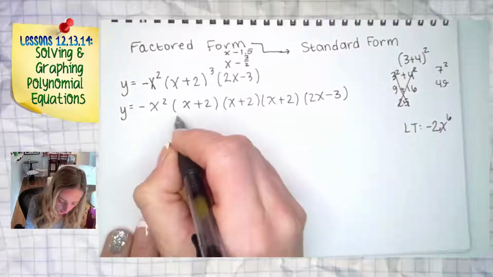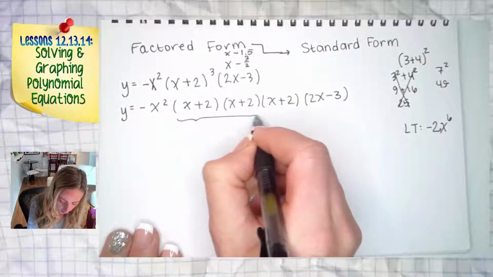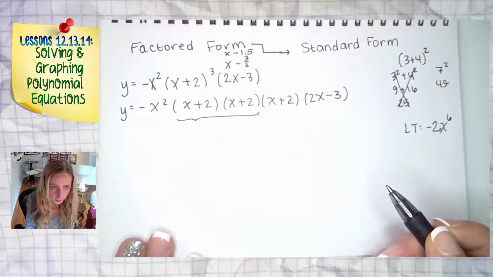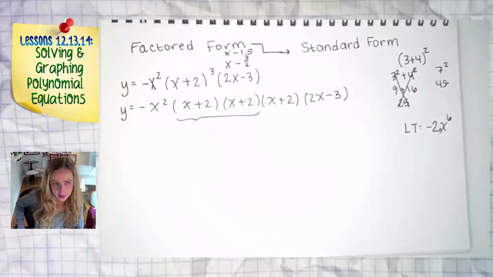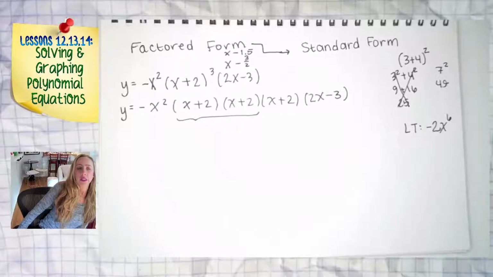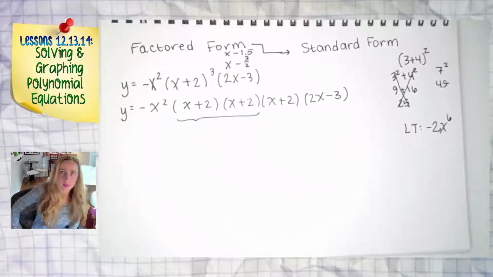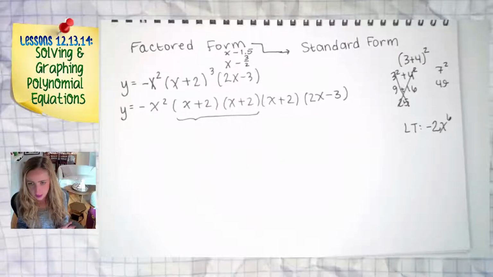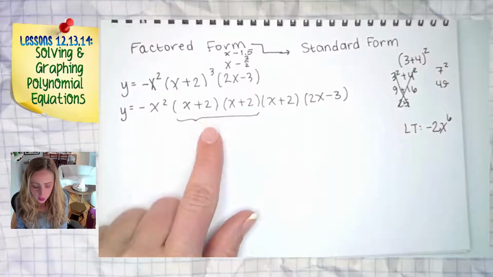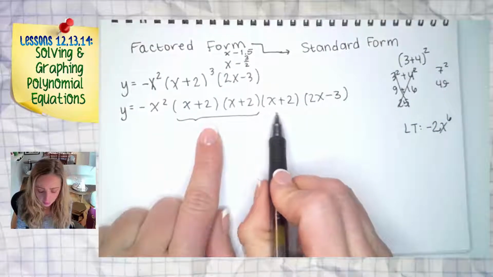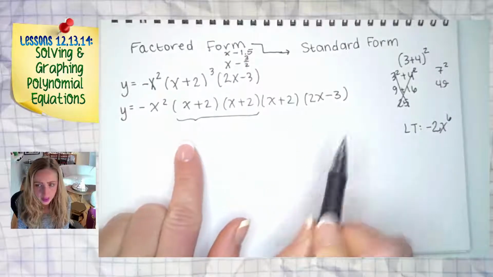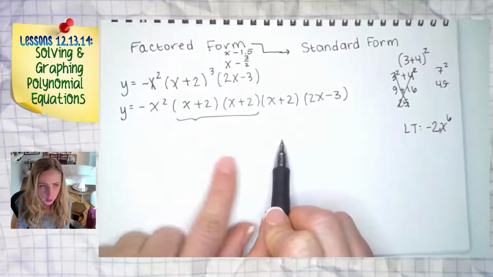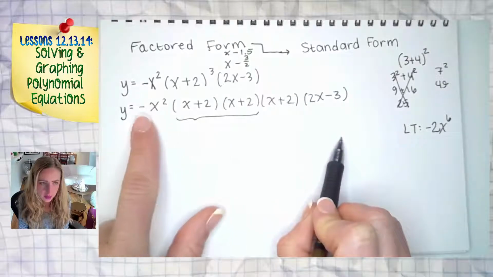What I want to do is FOIL 2 of those together. Now, this is where you might have a preference. Let me know which one you like better. Ready? Option 1. I'm going to FOIL that, and I'm going to FOIL that, and I will get 2 trinomials. Then I'm going to multiply the trinomial and the trinomial, and at the end I'll distribute that.